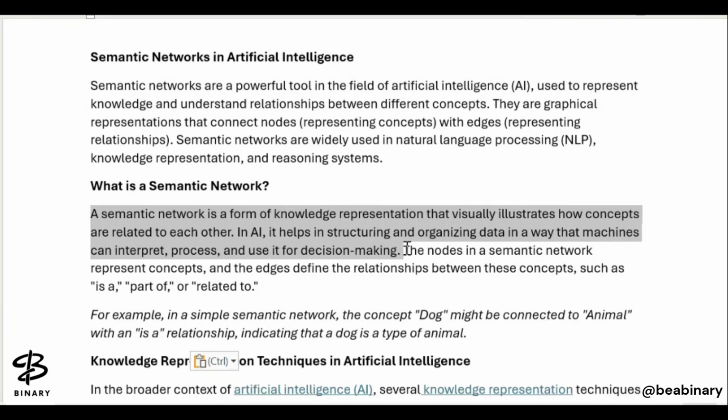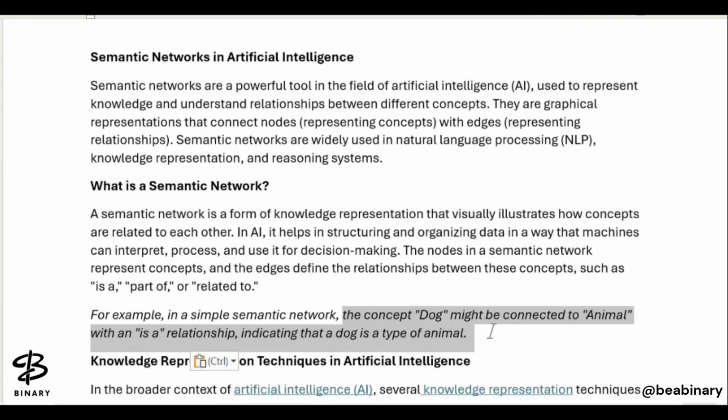So nodes in the semantic networks represent concepts, and the edges define the relationship between these concepts, such as this concept is a part of that concept, an is-a relationship, a part-of relationship or a related-to relationship. For example, in a simple semantic network, the concept of dog might be connected to animal with an is-a relationship, indicating that the dog is a type of animal, right?